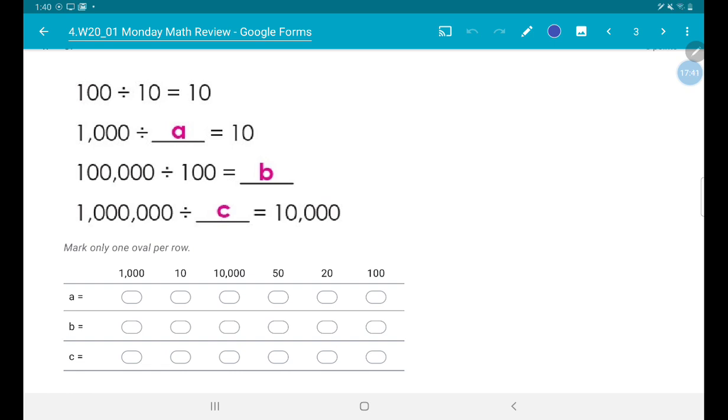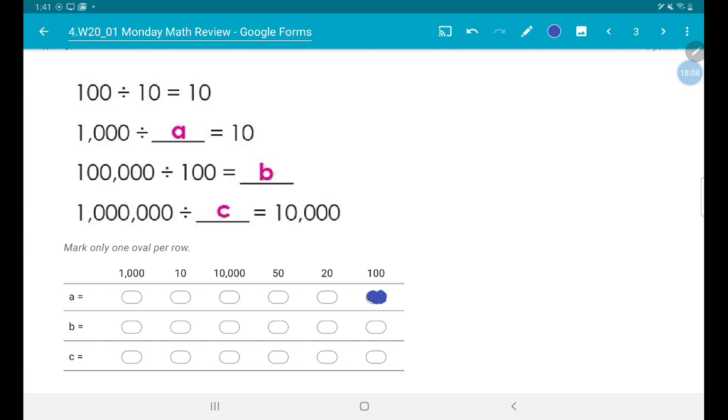100 divided by 10 equals 10. So 1,000 divided by what equals 10? Callie? 100. Okay. 100,000 divided by 100 equals what, Sky?